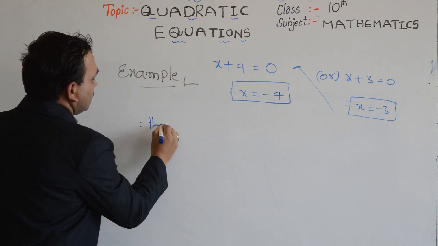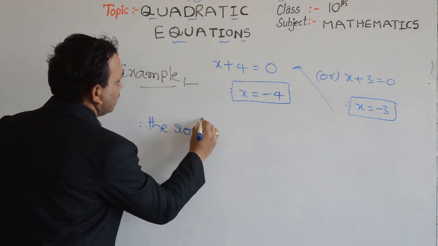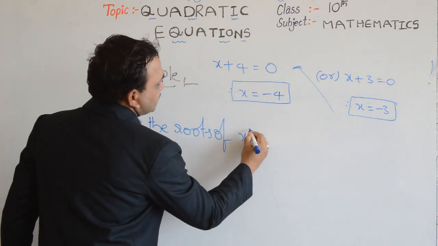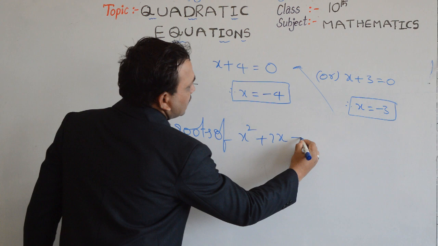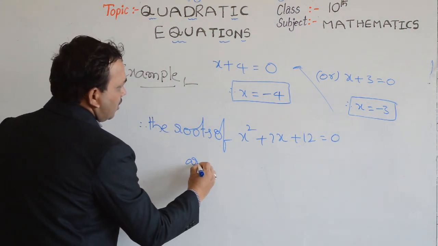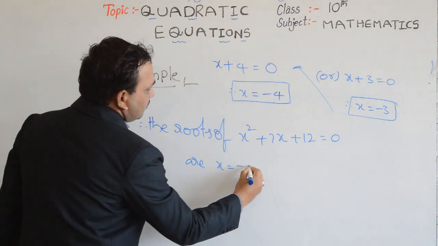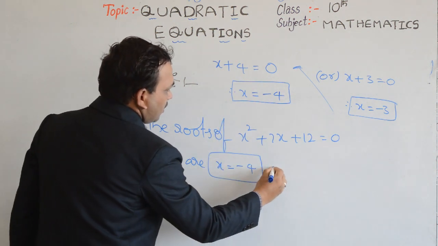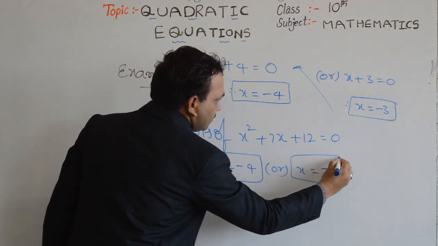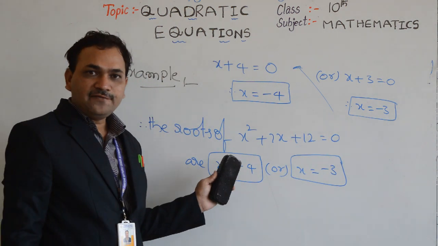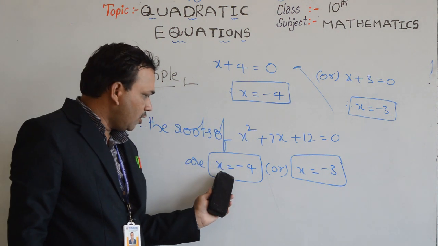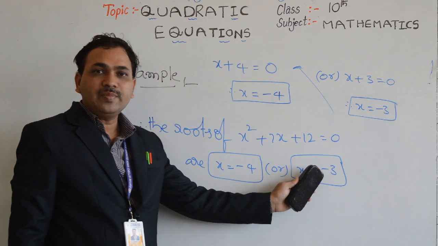Therefore the roots of x squared plus 7x plus 12 is equal to 0 are x is equal to minus 4 or x is equal to minus 3. Now we got the final roots of the given quadratic equation.